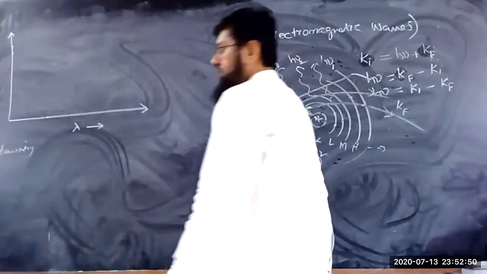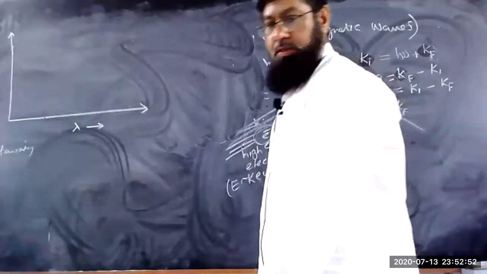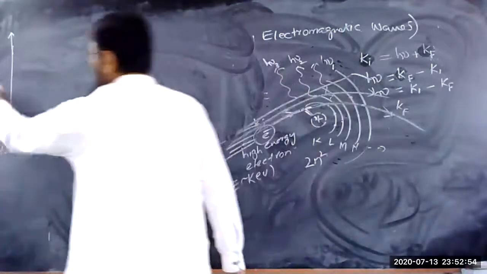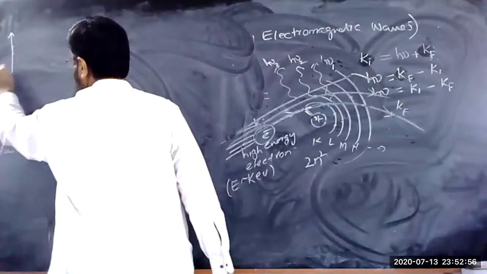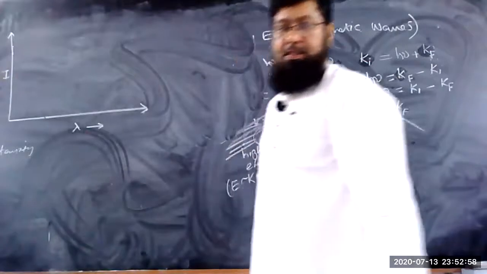Intensity means the number of photons emitted out per unit area per unit time. This is the intensity I.